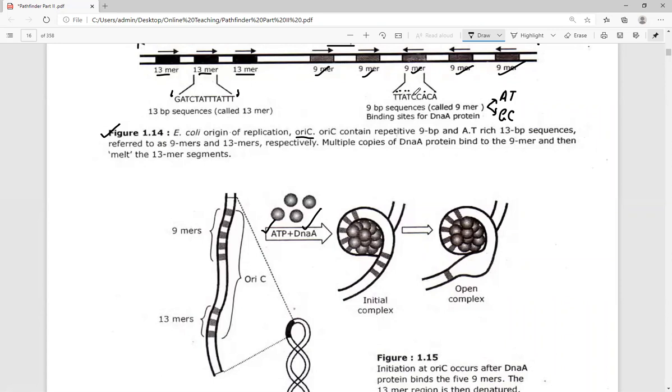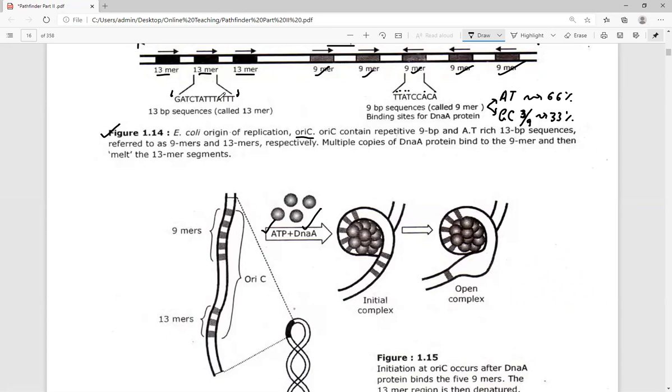Out of 9, there are 3 GC, so one third, equivalent to 33% GC content. AT content in this 9-mer region will be approximately 66%.